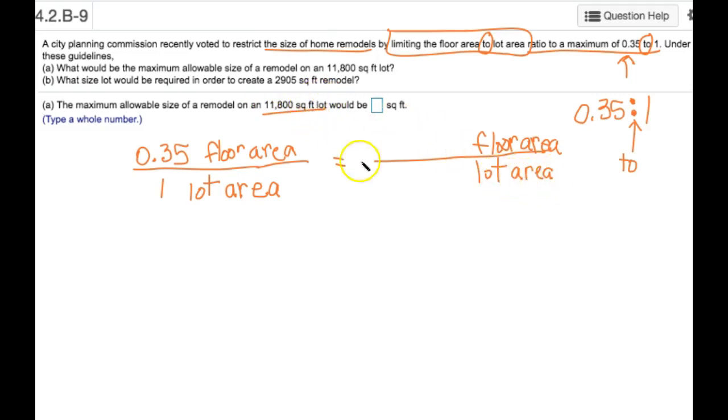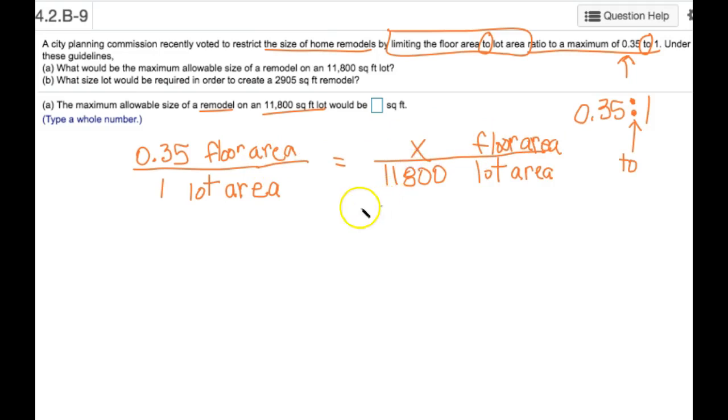Square feet is indicating an area. So I want to put the 11,800 down here because that's the size of the lot. I am looking for the size of the remodel. The remodel is worded differently, but it's really talking about the floor area of the home that's going to be on the lot. So the floor area is what we're looking for.